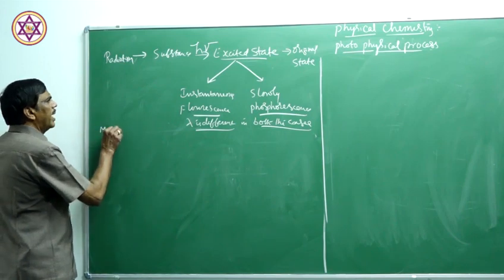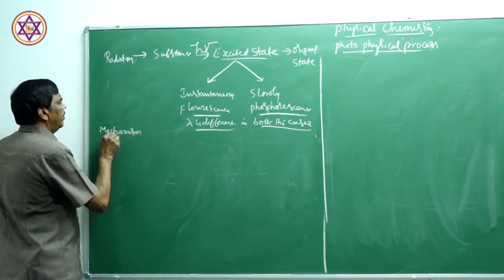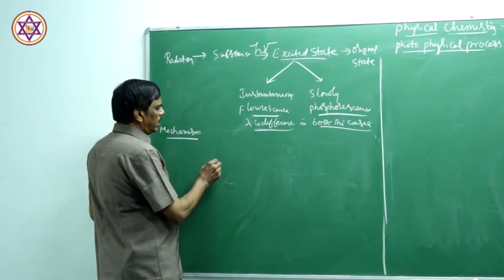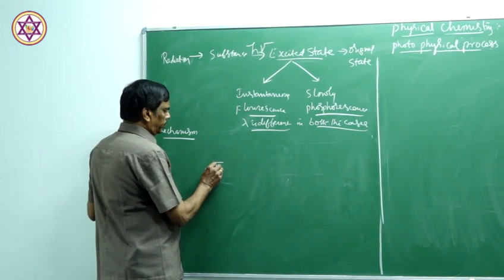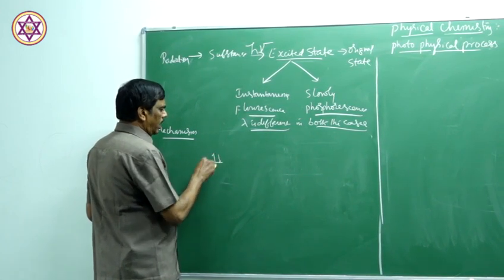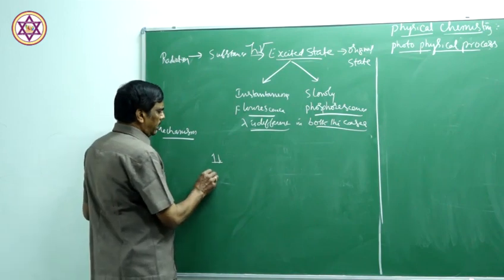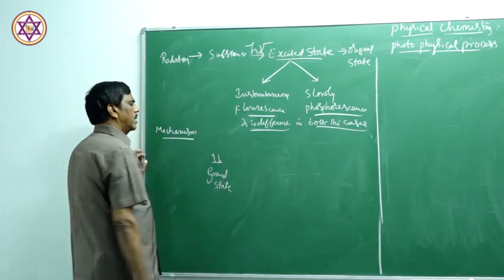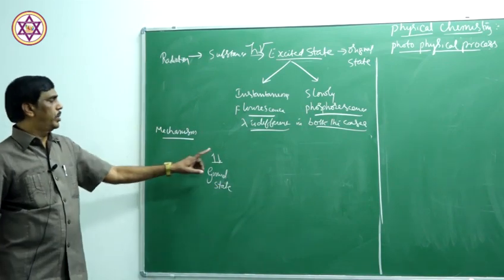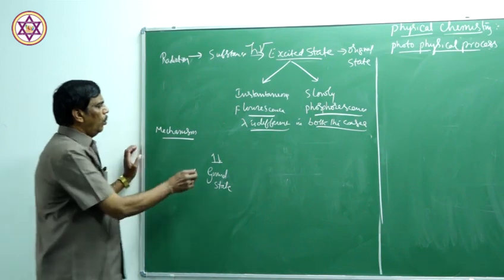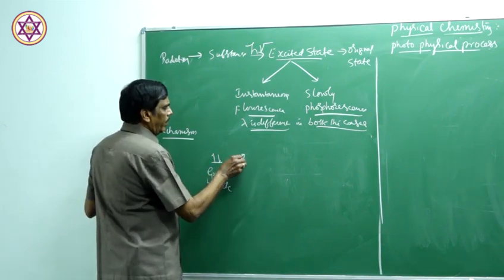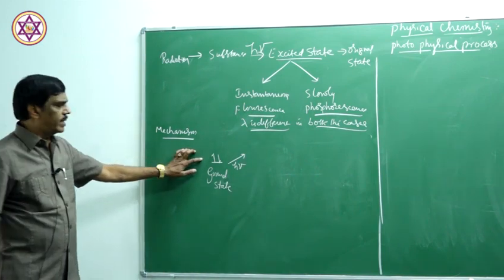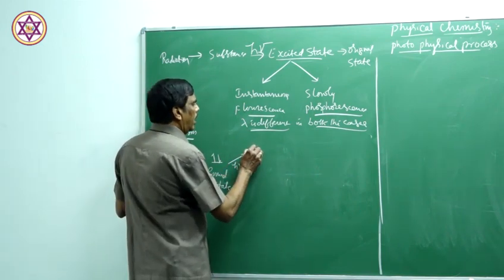Let us see the mechanism of fluorescence and phosphorescence. Here, if you take the substance, the outermost shell has a pair of electrons. This is the ground state. In the ground state, the substance has a pair of electrons with opposite spins. When radiation is passed, it undergoes excitation to a higher energy level.